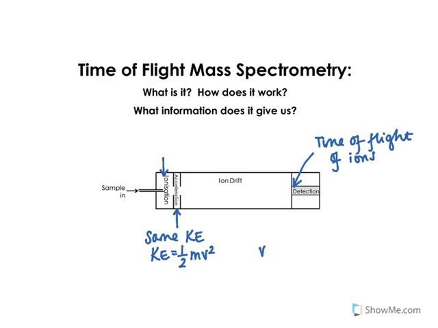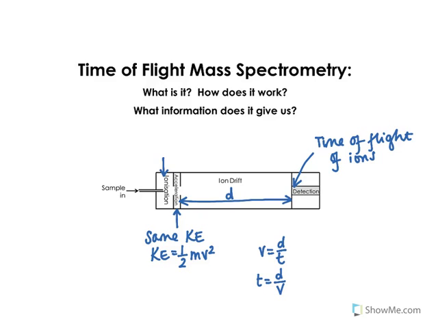And because velocity is distance over time, if we rearrange that expression to give time equals distance over velocity, and if we keep the distance of this flight tube constant, so that the flight tube has the same distance for all of those ions, then different ions with different masses will arrive at the detector at different times.